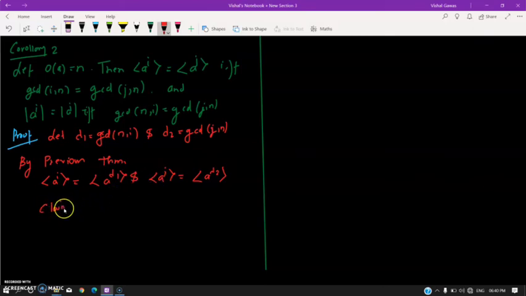Claim: what I have to prove, if I use this notion, boils down to proving that a raised to d1 is the same as a raised to d2 if and only if d1 is equal to d2. One way it is simple.